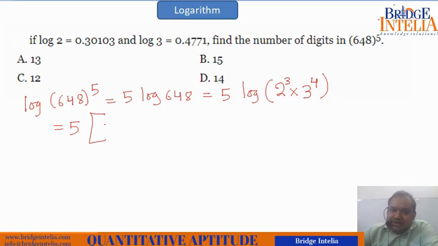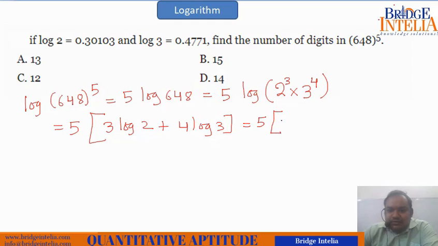So this ultimately becomes 3 log 2 plus 4 log 3. So this is 5 into 3 times 0.30103 plus 4 times log 3, which is given to us as 0.4771.